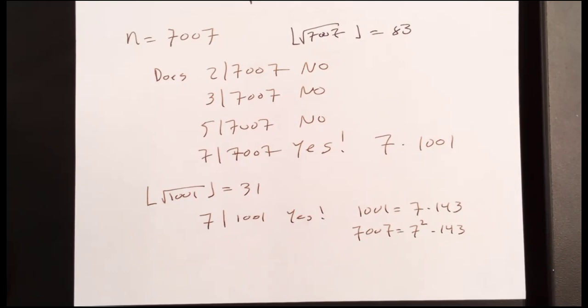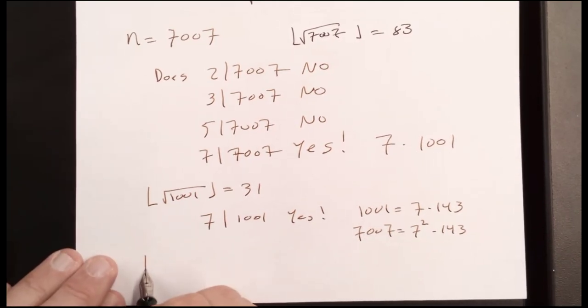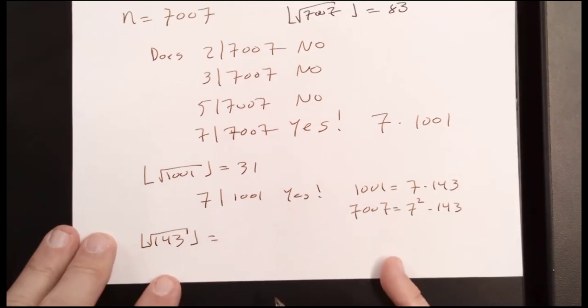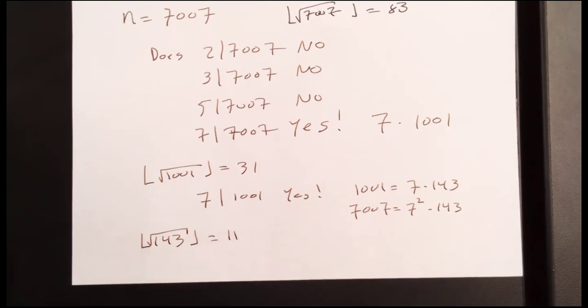What's the square root of 143 rounded down? Which means I only have to check the numbers from 7 to 11 that are prime. Well, that's just 7 and 11.